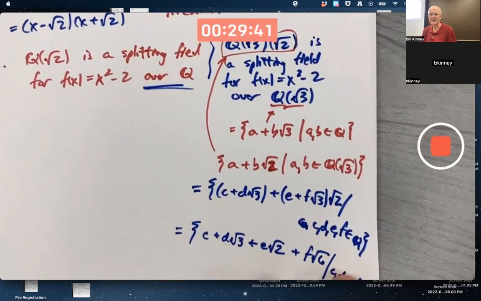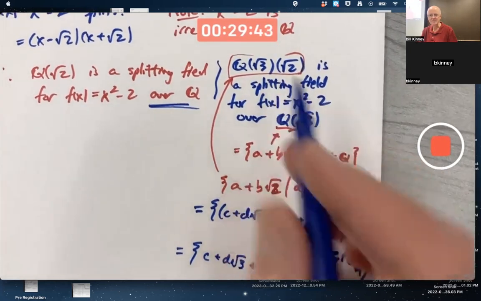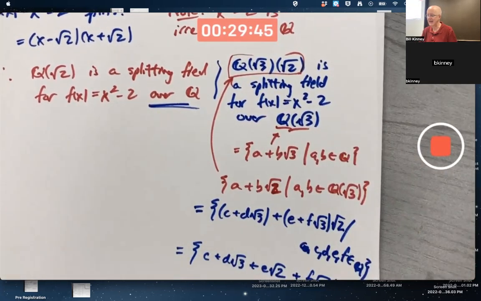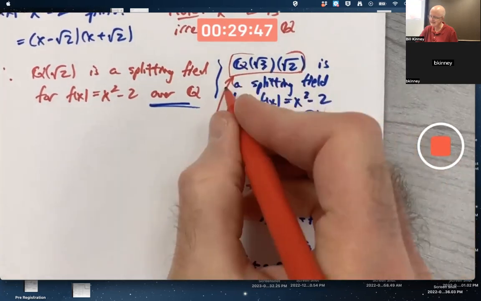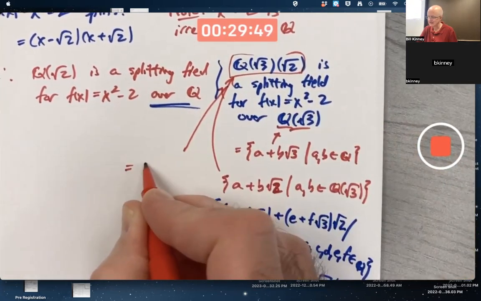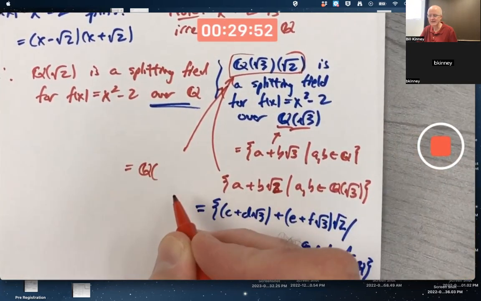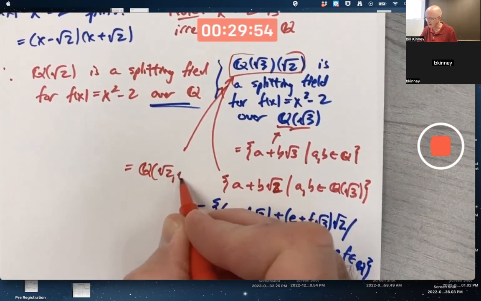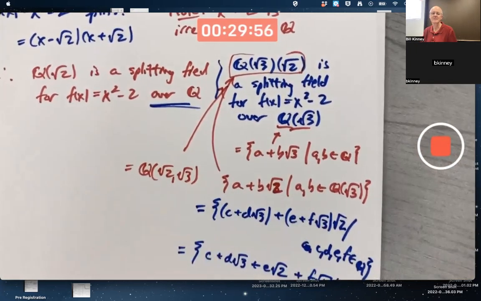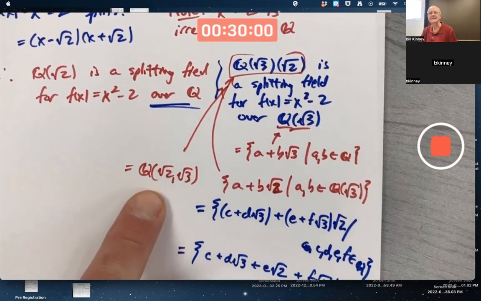Is there another way I can think of this thing here? You also can think of it as Q adjoin square root of 2 comma square root of 3. It also equals that. What's this?